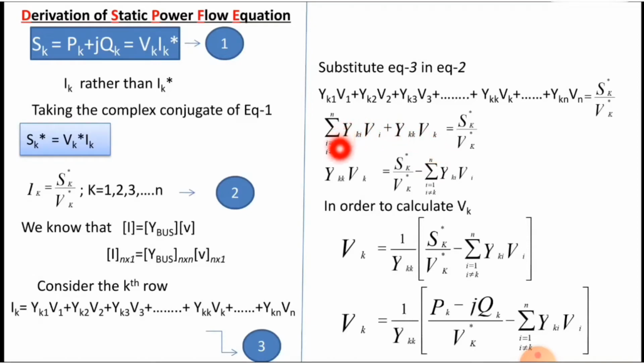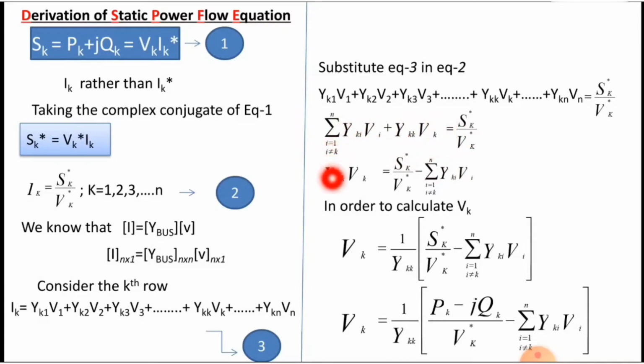That's why we represent here sigma i is equal to 1 to n, i is not equal to k, and we are omitting this value. Observe clearly, i is not equal to k, that means we are omitting Ykk Vk. Yki Vi plus Ykk Vk is equal to, what is the expression here? Sk conjugate by Vk conjugate.